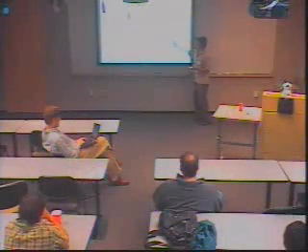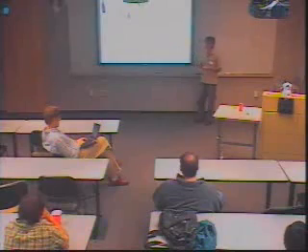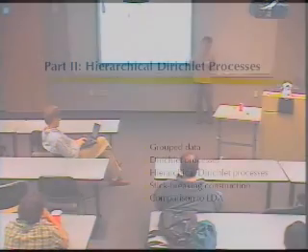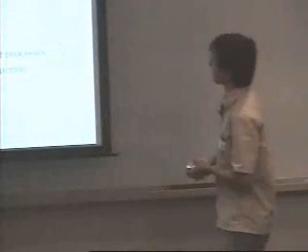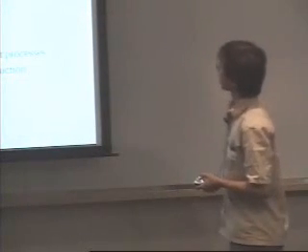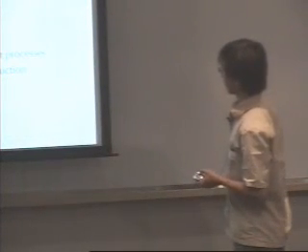First of all, to make better sense of what this thing means. And second of all, to have a non-parametric version of LDA, which can automatically determine the number of topics in my documents. So I'll talk about hierarchical Dirichlet processes here.